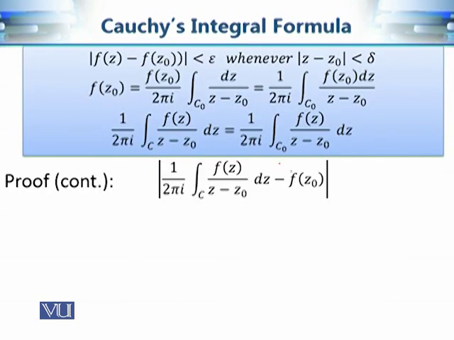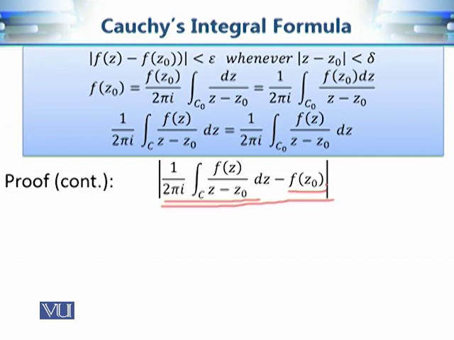Okay, so now consider this expression. Remember, what do we want to prove? We want to prove that this functional value f of z naught is equal to this contour integral, 1 over 2 pi i times the contour integral of f of z over z minus z naught. To prove this equality, we use a very basic trick of analysis.